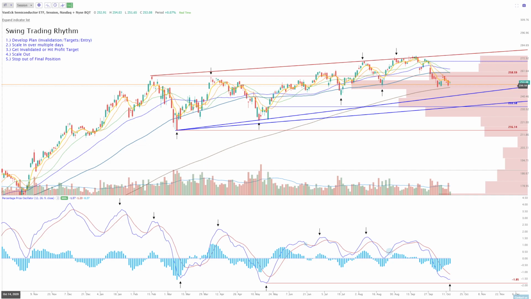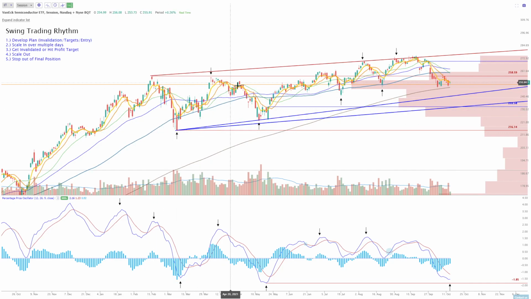And so what we're going to look at is the ETF SMH. This is the VanEck Semiconductor ETF. And what I'm going to show you is just simply how I've traded this, but just in general, how we're going to use the PPO to help with some of these pivots. Because during your correction, you're going to find that the oscillator is going to provide you a lot more value than these moving averages.